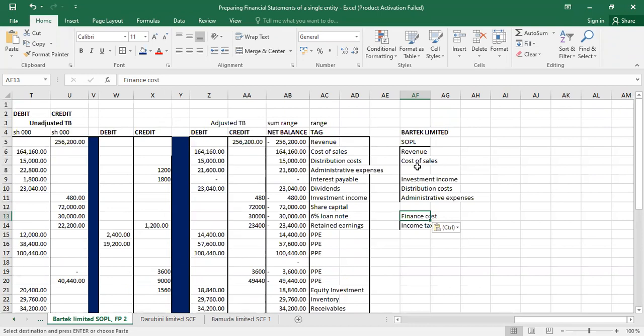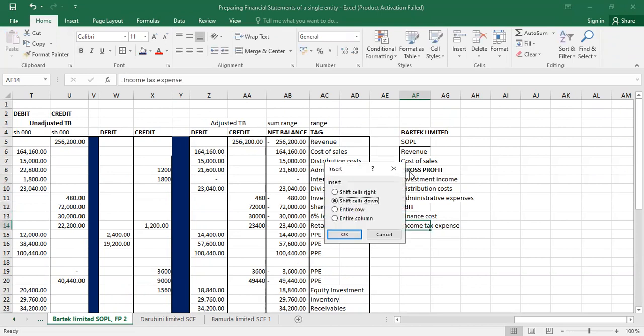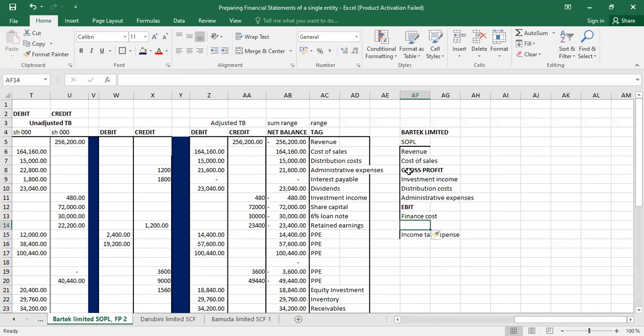So just here, Control Bold, it will be gross profit. Here, it will be earnings before interest and tax. So I can do that bold. Then here, Shift, I'll add another cell. The cell will be earnings before tax.